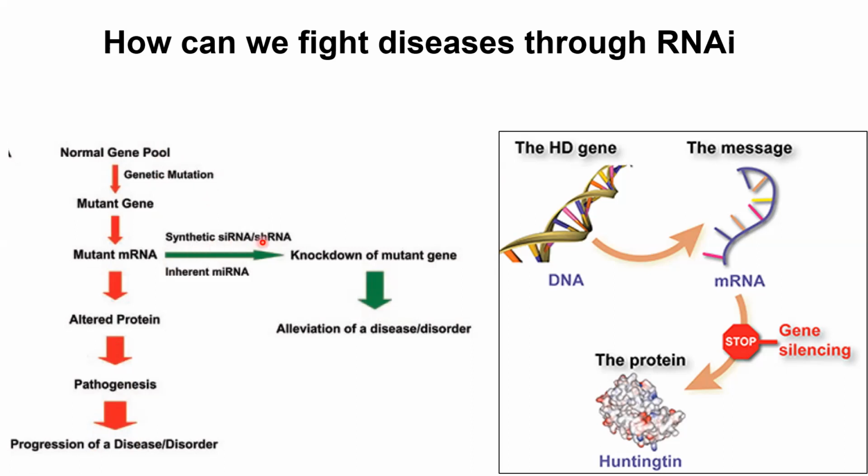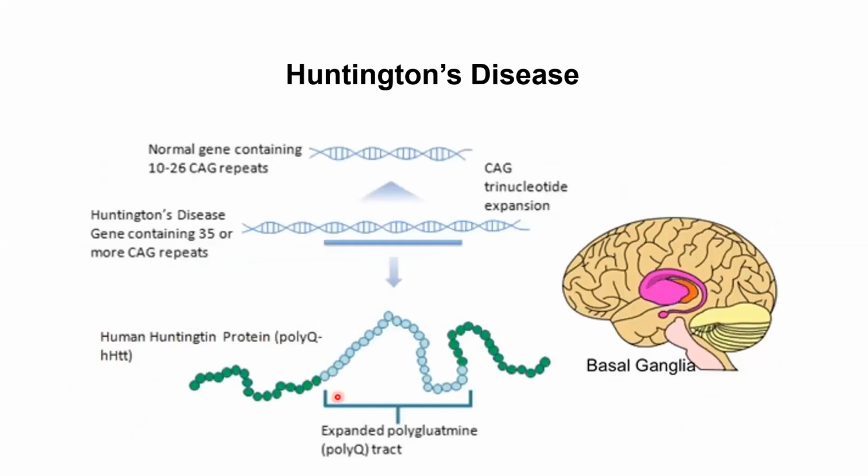Synthetic siRNA or shRNA, we will design, and we will target the messenger RNA, or you can also use miRNA, and they will knock down the mutated gene. So for this protein, there must be a messenger RNA molecule. And what we can do, we can design siRNA or shRNA that will go and bind to some part of this messenger RNA, or more than one part is also possible.